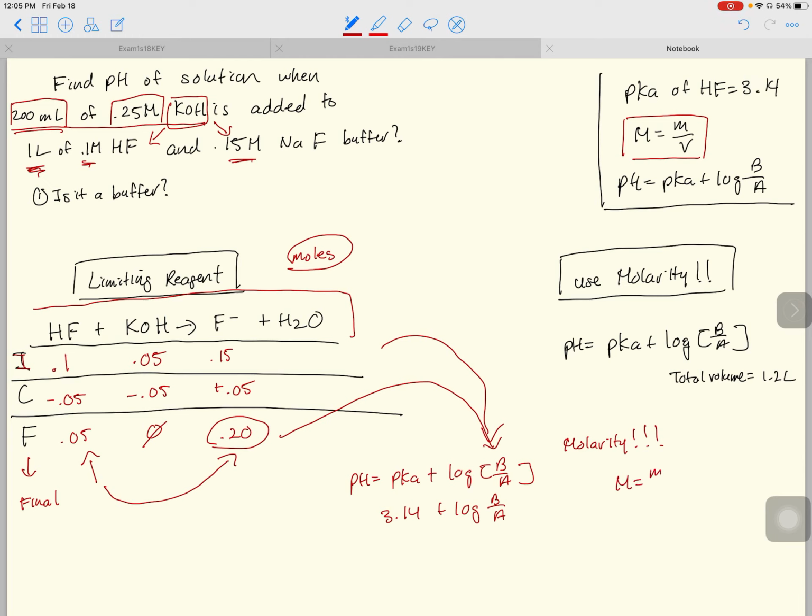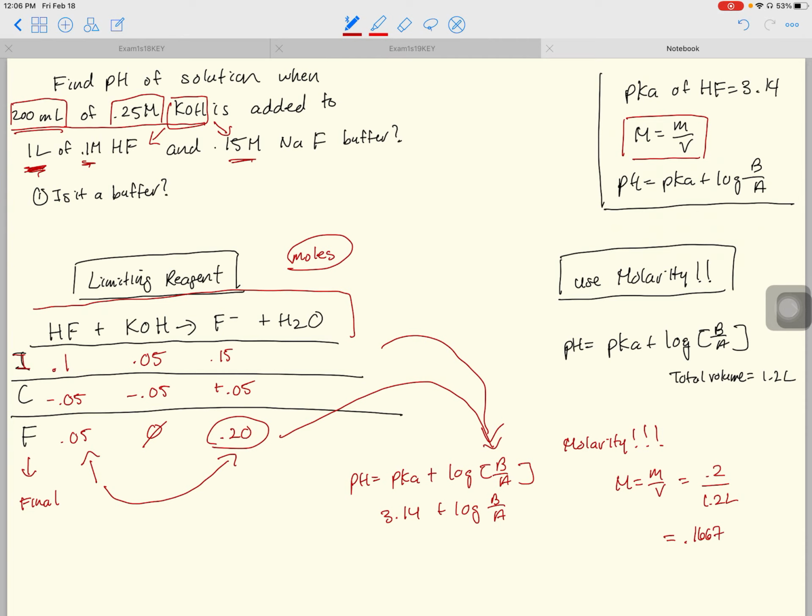Molarity equals moles over volume. And then the moles of the base was what? 0.2. And what was our total volume? 1 liter plus 200 mL, which is 1.2 liters. Okay? And so the concentration for base is what? Let me put in the calculator. 0.1667.